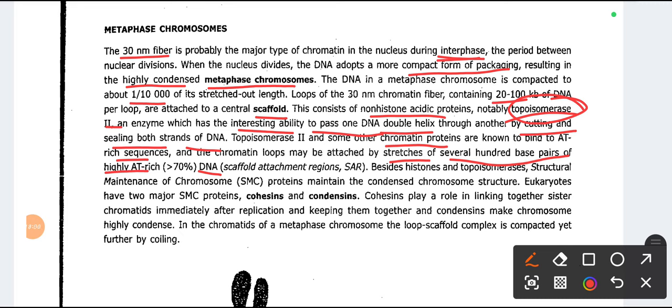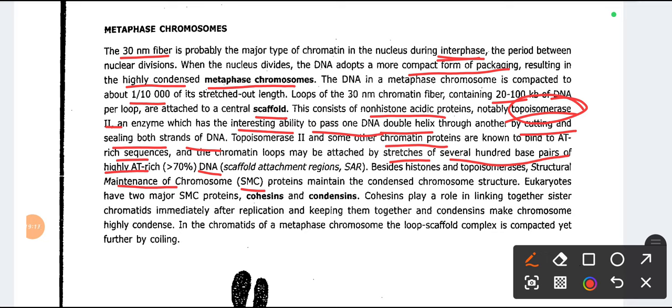The chromatin loops may be attached by stretches of several hundred bases of highly AT rich DNA. Another group of proteins, the structural maintenance of chromosome SMC proteins, maintain this condensed structure.